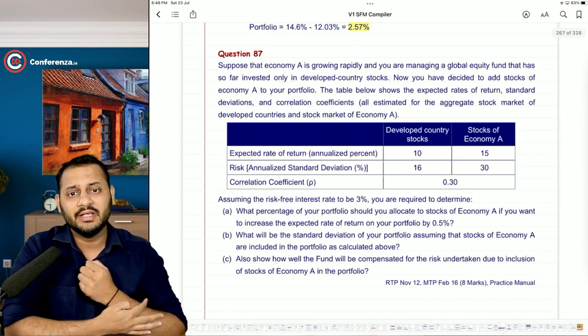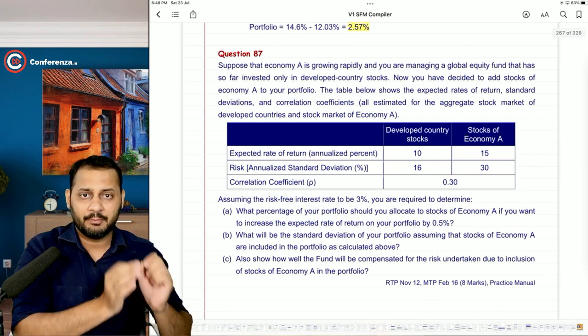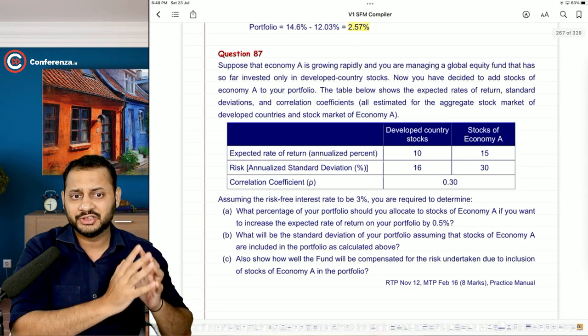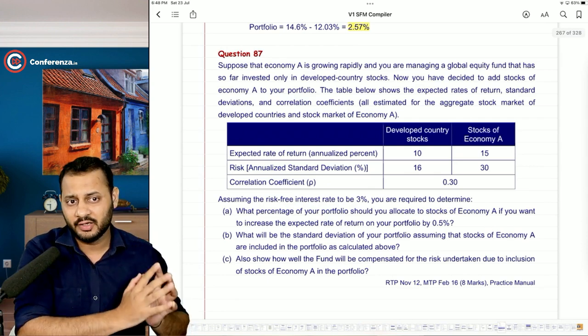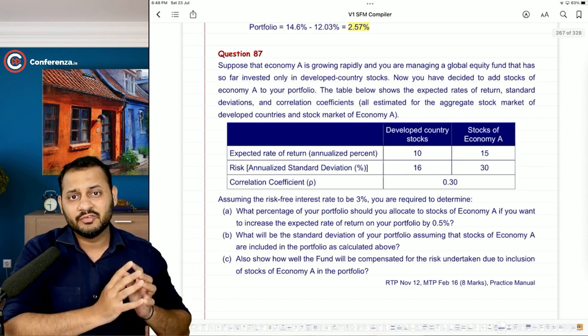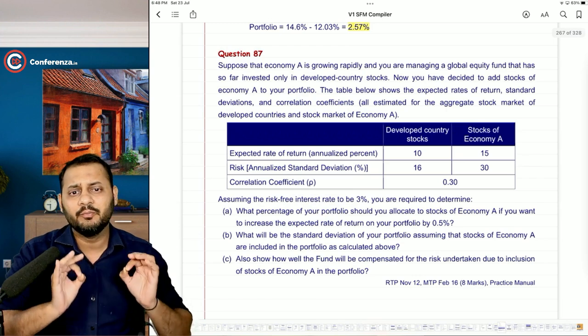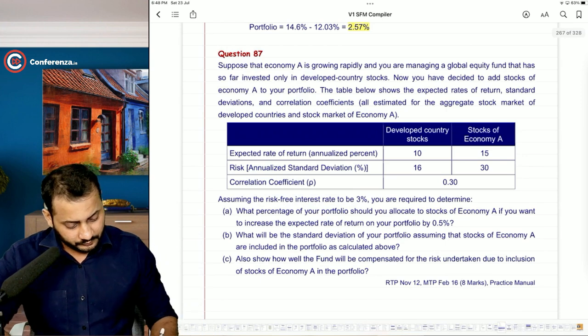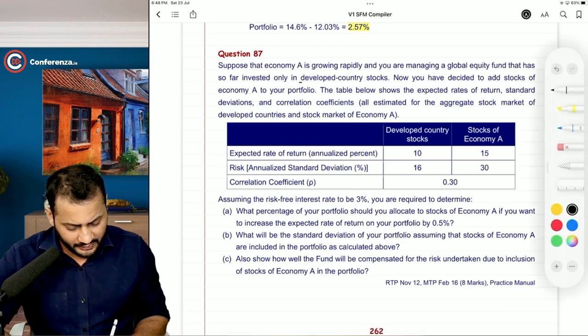Suppose that economy A is growing rapidly, some kind of economy, and you are managing a global equity fund that has so far invested only in developed countries' stock. So basically, you have only invested till now in the developed country stocks.